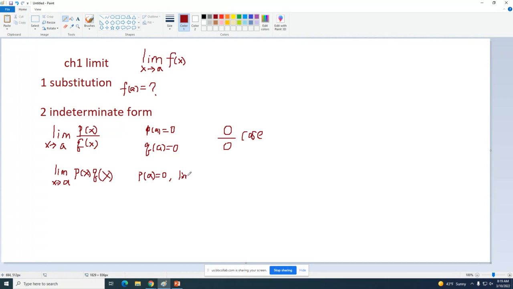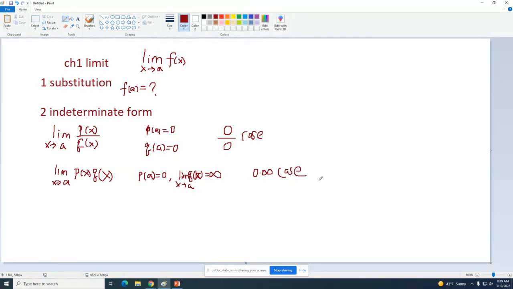But then the limit of q of x when x approaches a equals infinity. So that's the so-called 0 times infinity case.